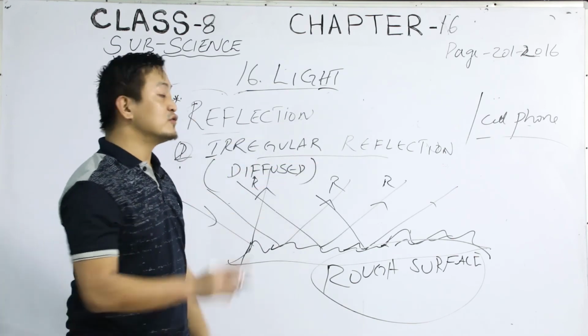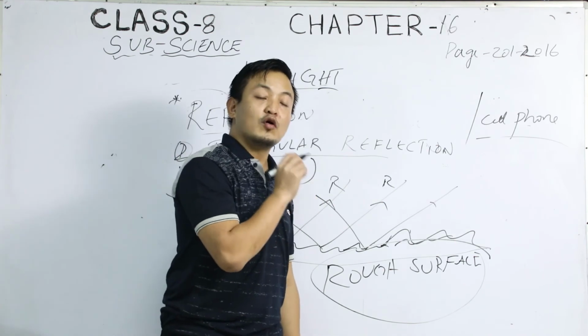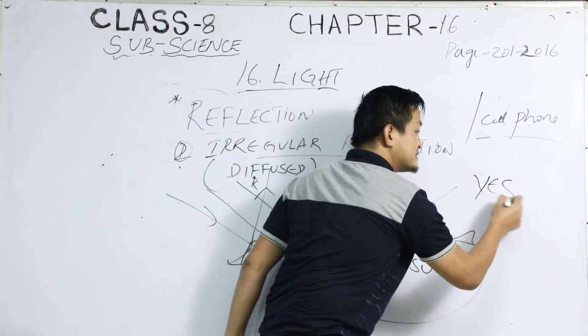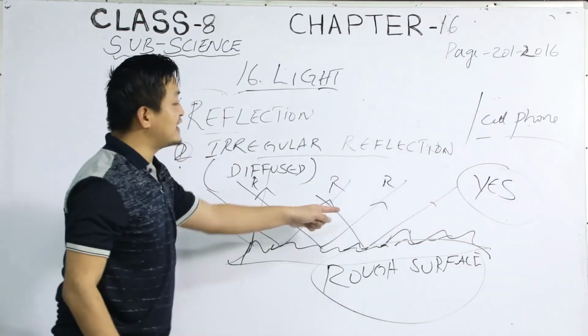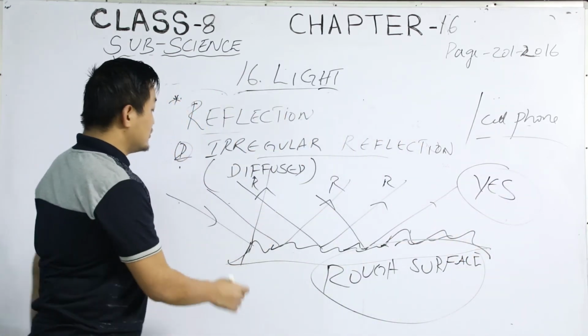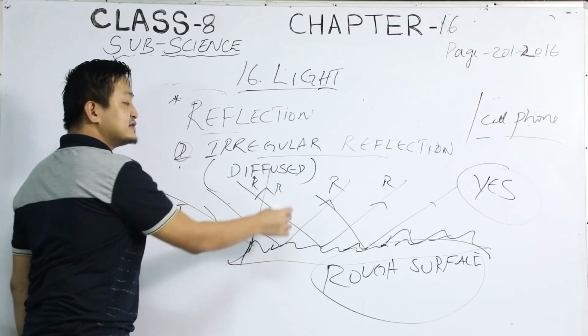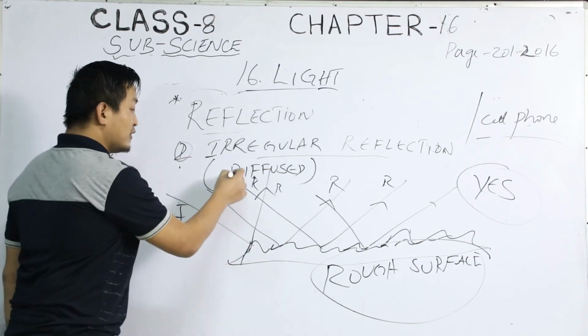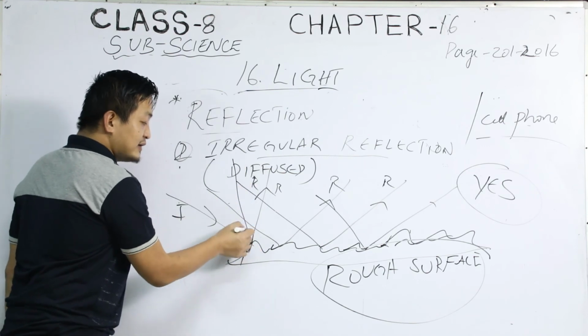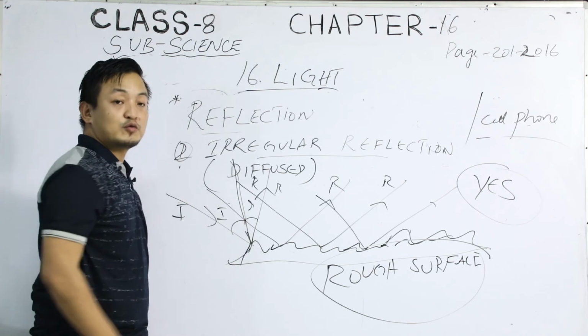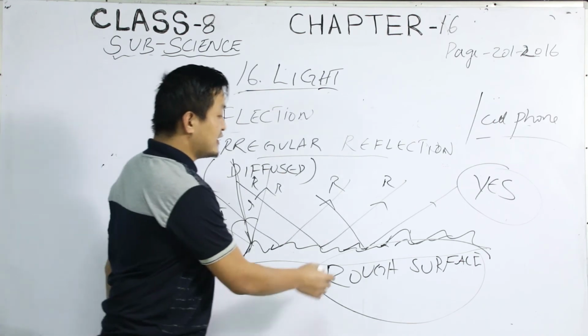Now if you get a question, in this type of irregular reflection, do they obey the law of reflection or not? Yes, the answer would be yes. Though we are not seeing parallel rays here, let's say the first one: this is the incident ray and this is the reflected ray, right? Here the angle of incidence and angle of reflection are still equal.